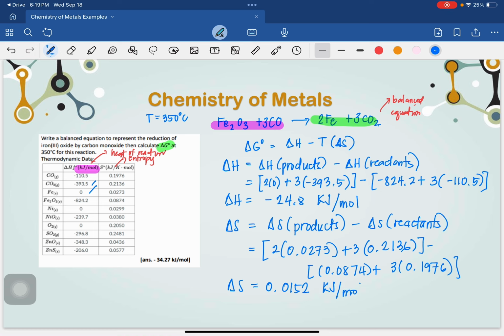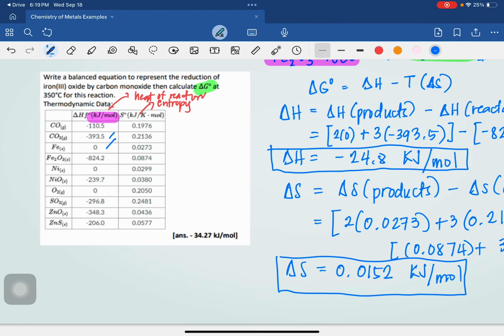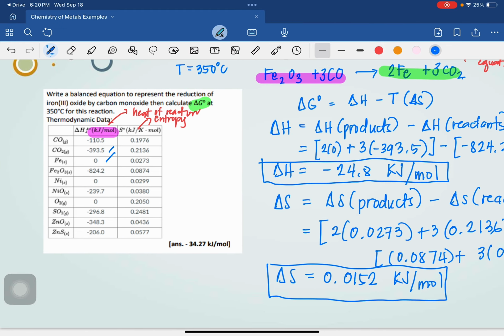It's consistent. Maybe we can identify our answers so that later on it'll be easier to get them. There you go. Now we can already solve for delta G. I'll probably just include it here. It might fit. Yeah, it will fit.